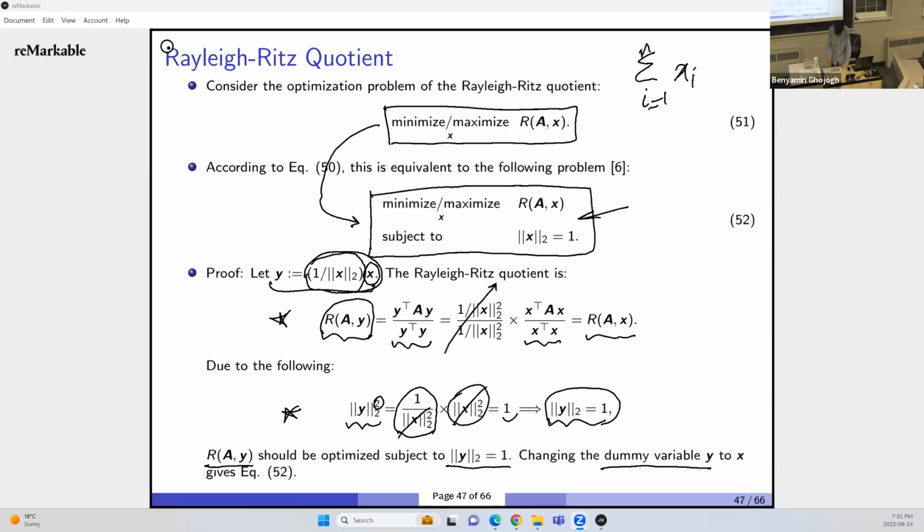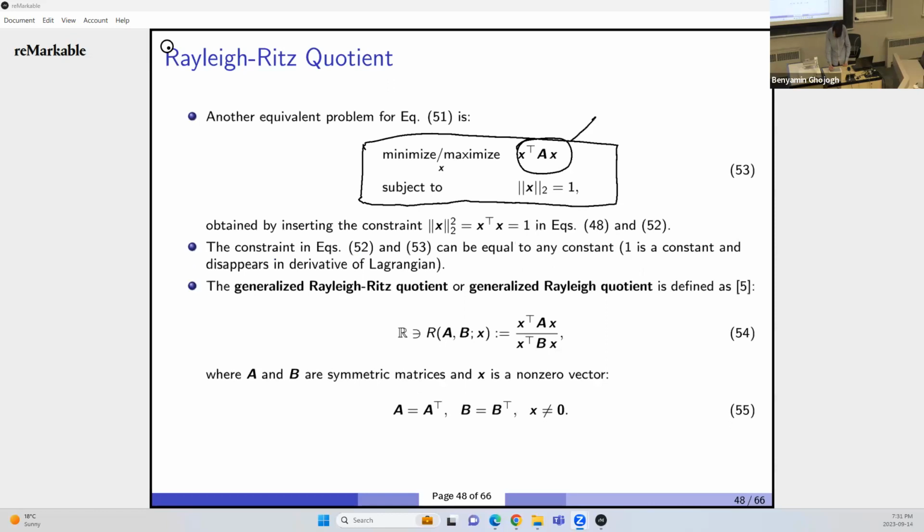Consider that we had equation 52. What does this mean? According to the famous formula that we talked about last session, it's X transpose X equals 1, right? Put it back in the denominator of the Rayleigh-Ritz quotient. So the denominator is 1. Therefore, we'll end up only with the numerator.